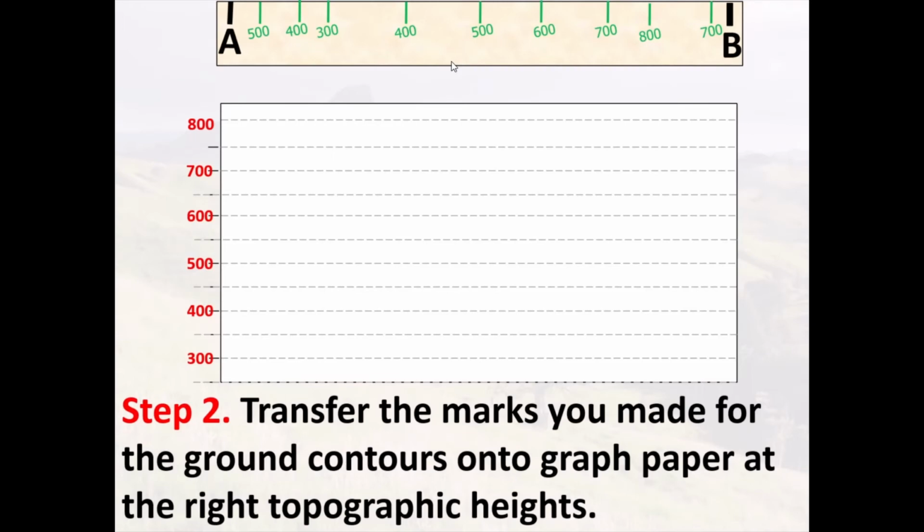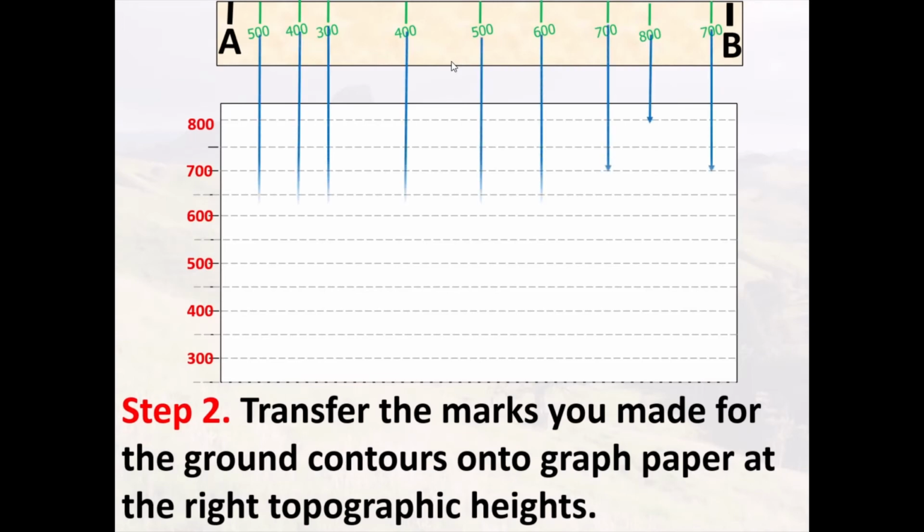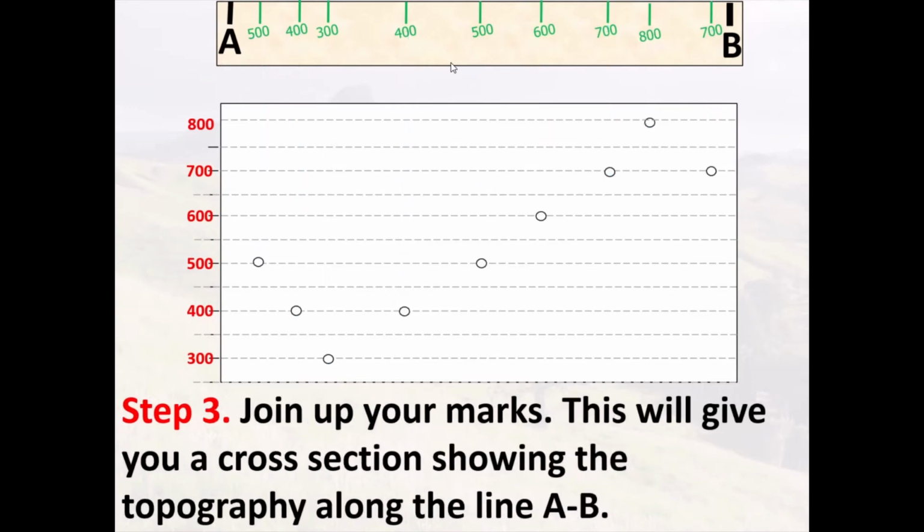And then what I can do is take those hill heights and drop them onto my cross-section panel at the appropriate height and join up those marks to give me a hill profile between those 2 points A and B. So my hill profile along the horse sheet would look something like that.